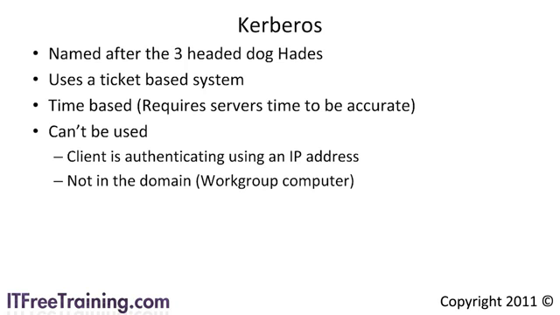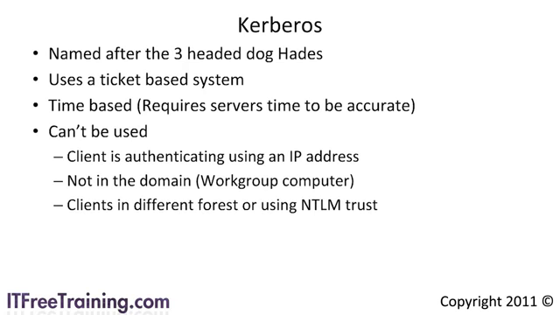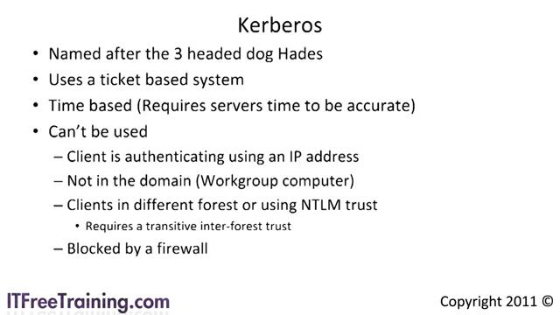Kerberos will also not work when clients are in a different forest or using an NTLM-based trust. In order to use Kerberos in a forest, it requires a trust relationship that is either automatically or manually created. If this trust relationship is not present, Kerberos cannot be used as an authentication method. Kerberos can also be blocked by a firewall.